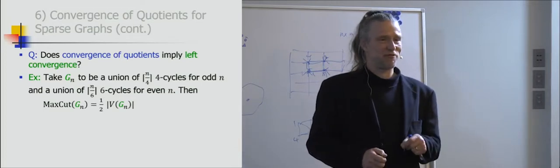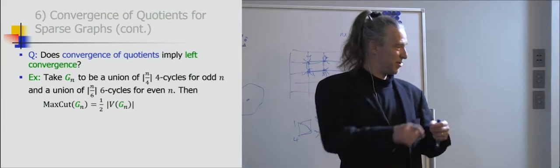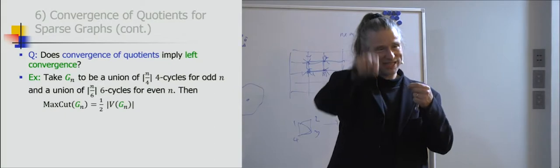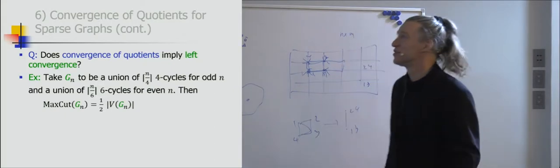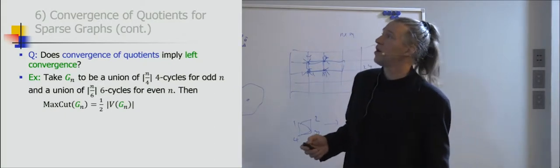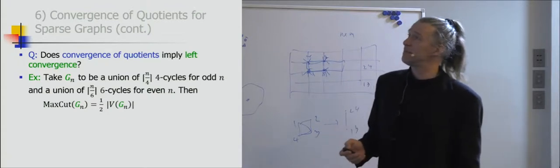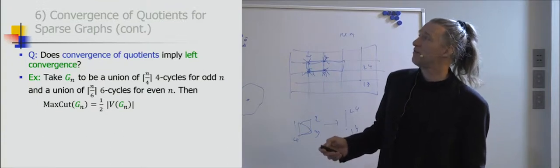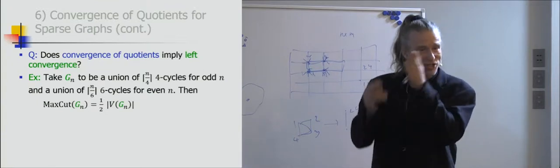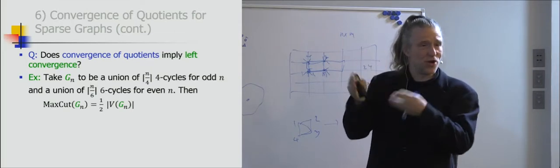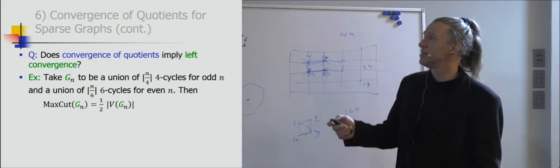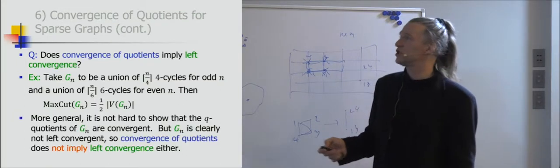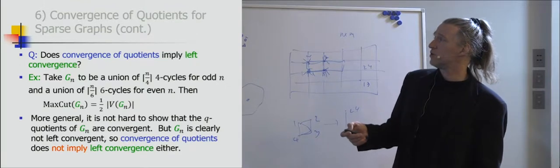You can see whether I have a 4-cycle or 6-cycle by looking at distance 3. On the other hand, if you calculate the max cut, you will see that this is actually just 1/2, because since these cycles are all bipartite, you know how to cut the maximum number of edges. The max bisection is also this number. And actually, more generally, you can show that these quotients are convergent.